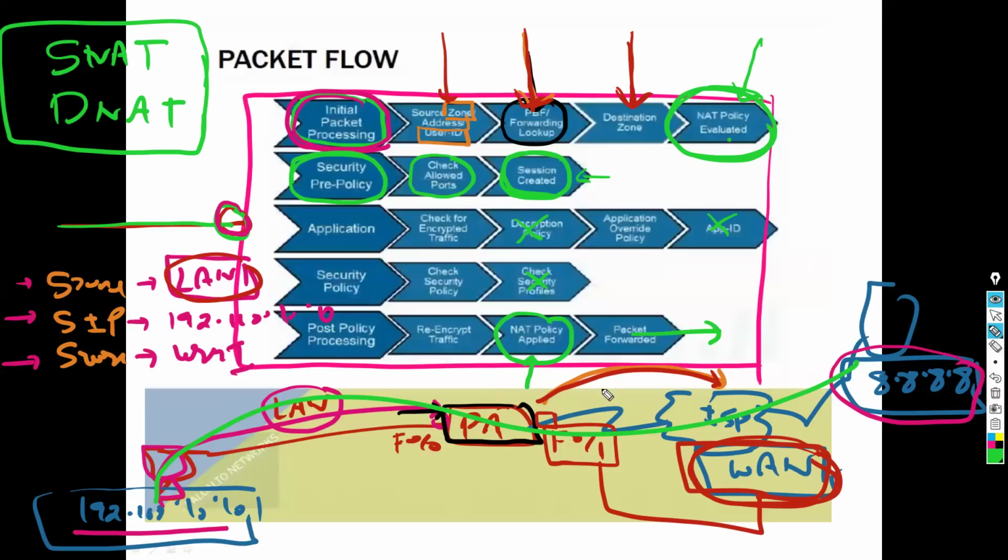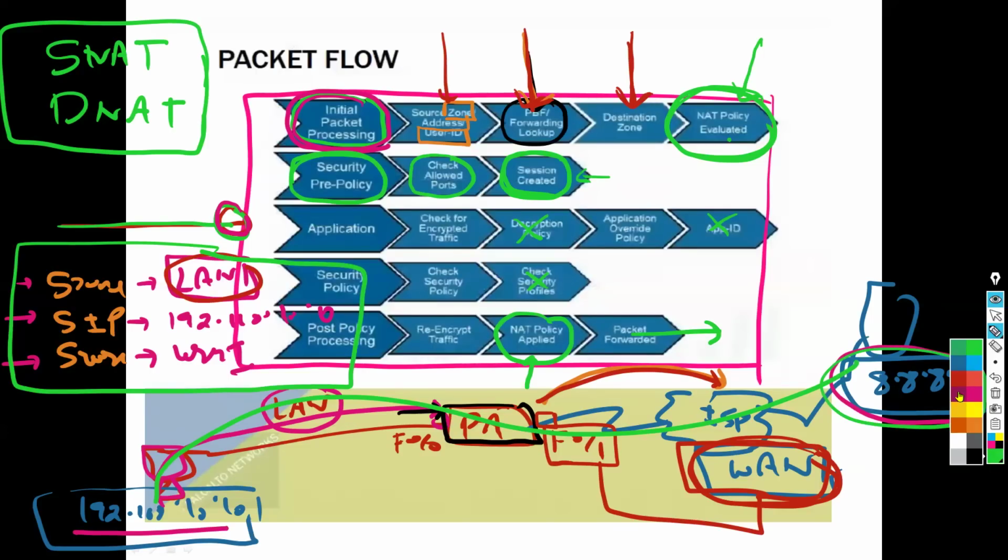Clear my point? When traffic hits the firewall box, the firewall will do initial packet processing. In initial packet processing, the firewall will check source zone, source IP, and source user. Now you are trying to communicate with 8.8.8.8, or any other destination, then the firewall will check routing table information to reach it.